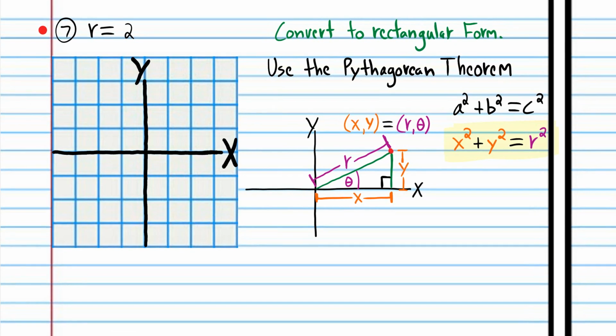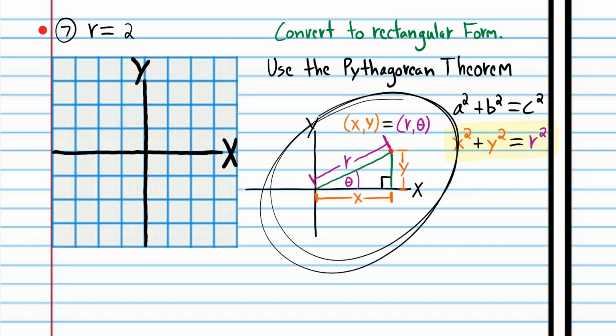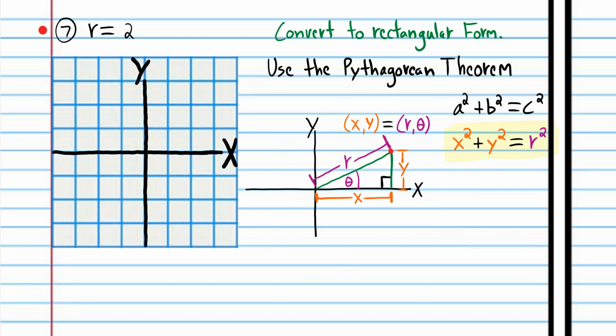Remember that if we plot a point using x and y values, that red point there, and then we try to come up with a picture showing us the relation between a point in rectangular form and polar form, we see that r is just the hypotenuse of the corresponding right triangle created by the x and y values.